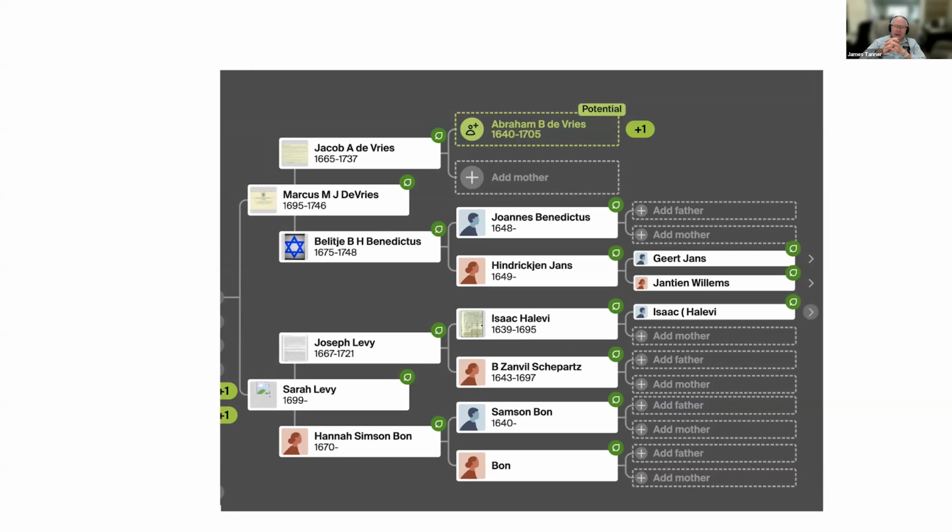In other words, I ended my research with Jacob DeVries, and I now have a succeeding possible father for him. That's a suggestion from Ancestry. It may be accurate, but I'd need to look at all the documents, and see what kind of information there is that would let me incorporate that person into my family tree.